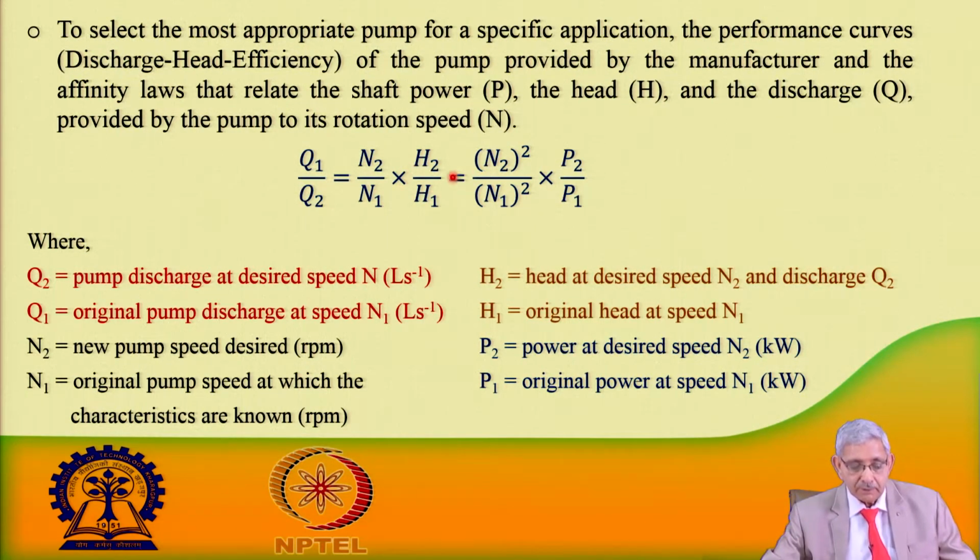Then it is multiplied by the ratio of the desired head at a given speed N2 divided by the original head of the pump, and this can further be given by the ratio of the square of their speed multiplied by the desired power to the original power available in the pump.